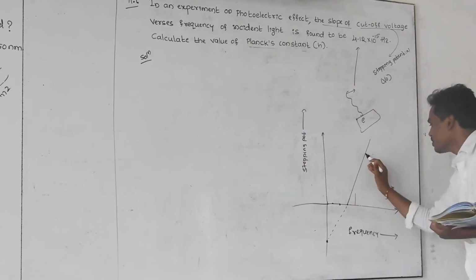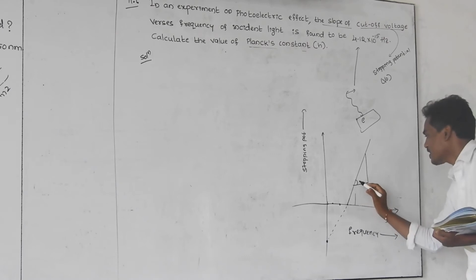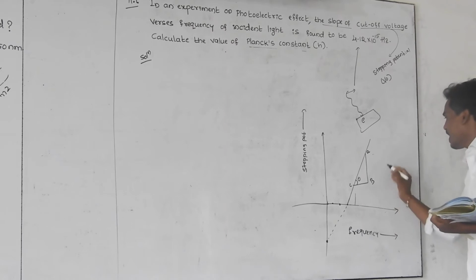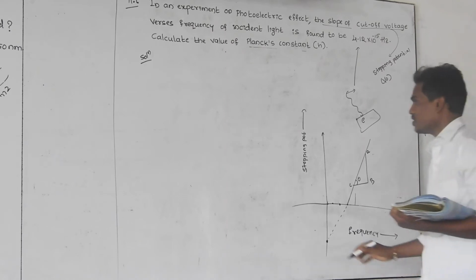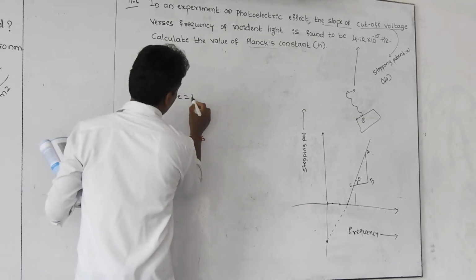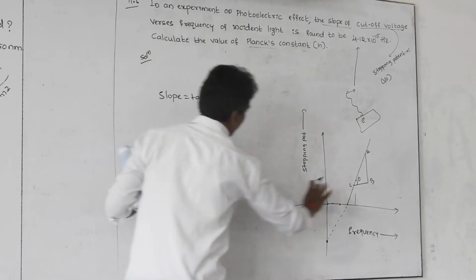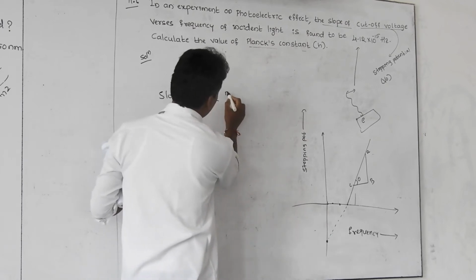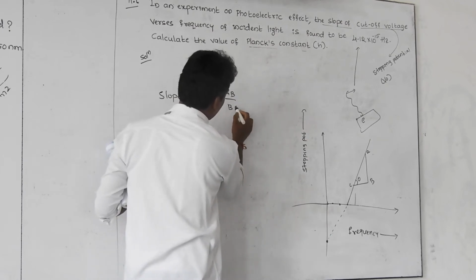If you find out the slope here, let us take the angle as theta, with points A, B, C. Tan theta is the slope, which is opposite divided by adjacent side, that is AB divided by BC.